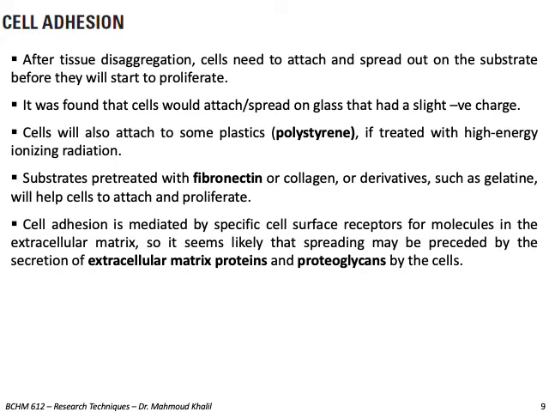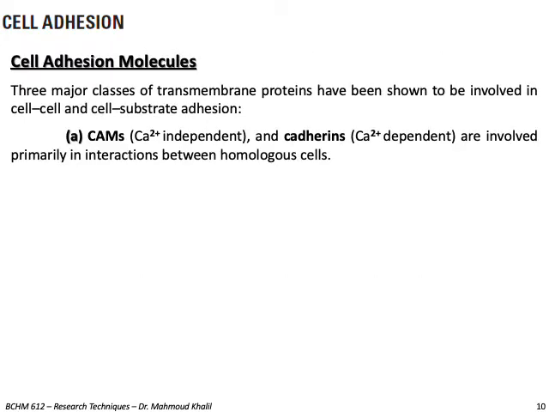Substrates pretreated with fibronectin or collagen, or derivatives such as gelatin, will help cells to attach and proliferate. Cell adhesion is mediated by specific cell surface receptors for molecules in the extracellular matrix. So it seems likely that spreading may be preceded by the secretion of extracellular matrix proteins and proteoglycans by the cells.